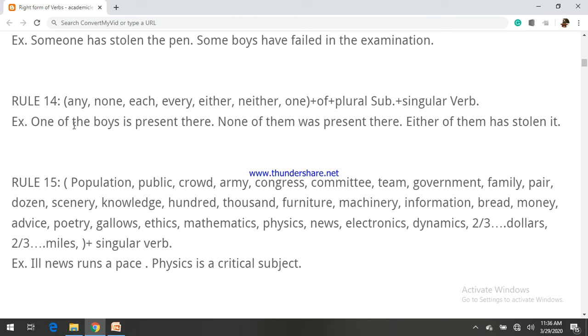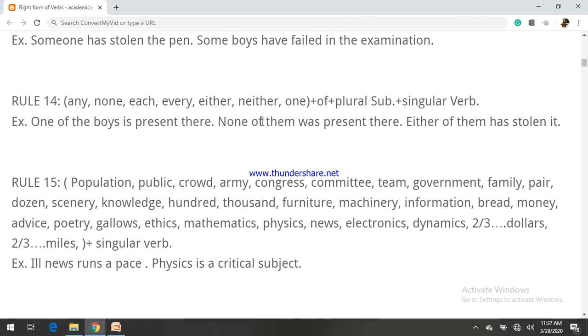One of is here the subject. If at the beginning of the subject or inside the sentence there is any, none, each, every, either, neither or one, then the verb should be in singular form. Here is one of, that's why is.